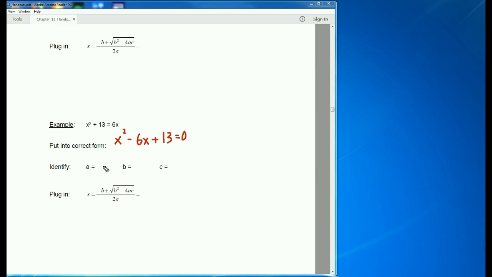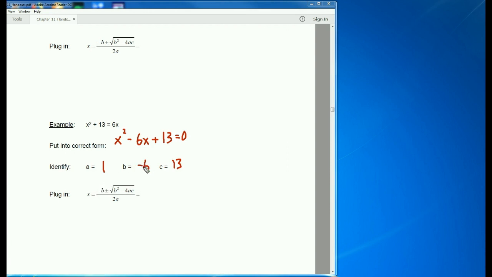All right, again, let's identify: a is 1 again, b is -6, c is 13. Take those numbers and plug them into the quadratic formula. So x equals -b. Let's just do this all at once.